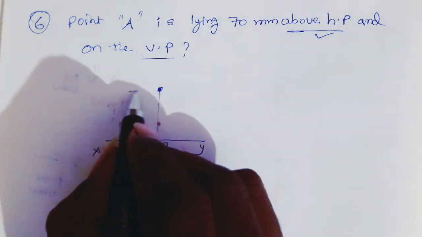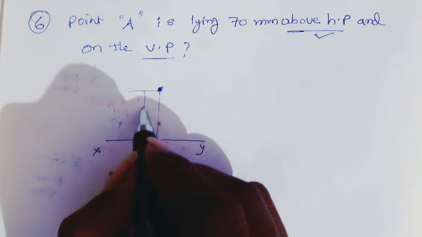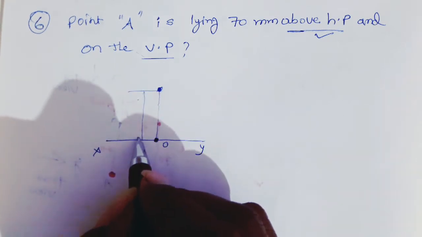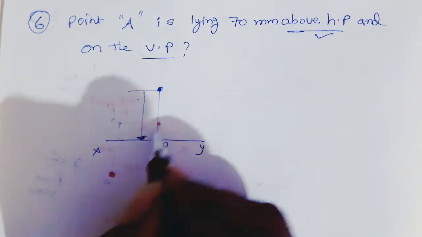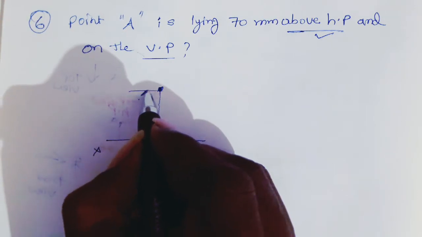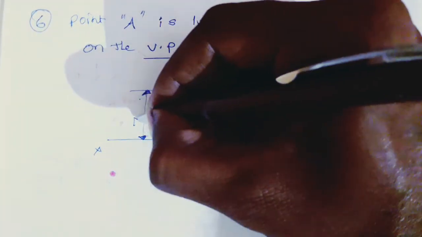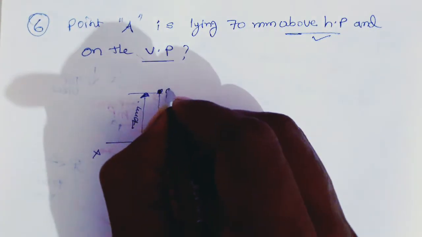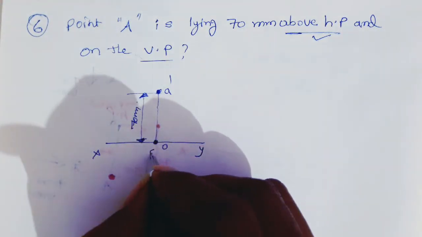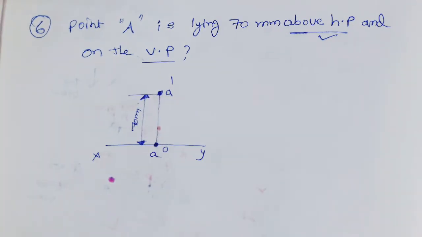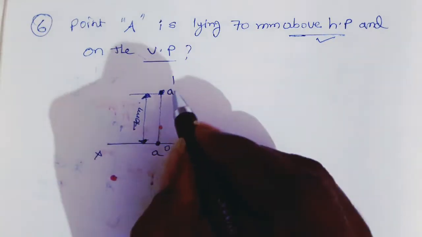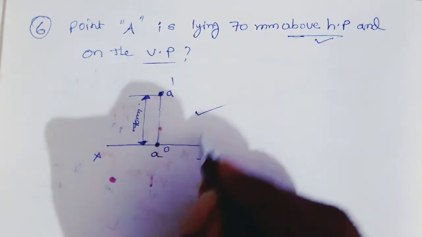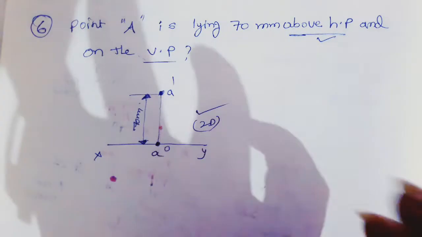Okay, I am marking this as A dash, this as A. Simply this is the 2D representation of this problem.